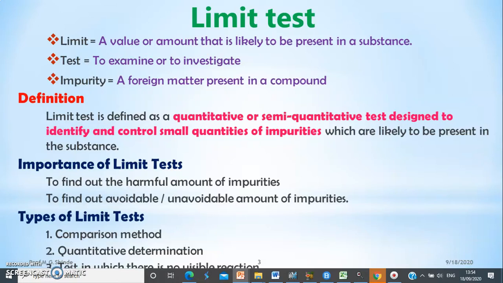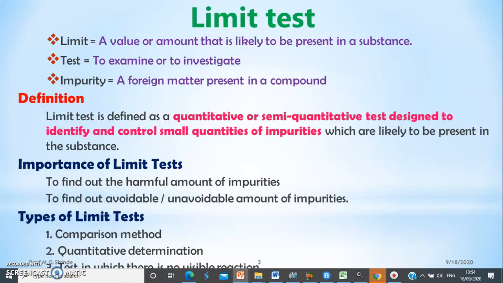The general definition of limit test is that it is a quantitative or semi-quantitative test designed to identify and control small quantities of impurities which are likely to be present in the substance. The main importance of the limit test is to find out the harmful amount of impurities. It is also helpful to find out avoidable and unavoidable amounts of impurities.